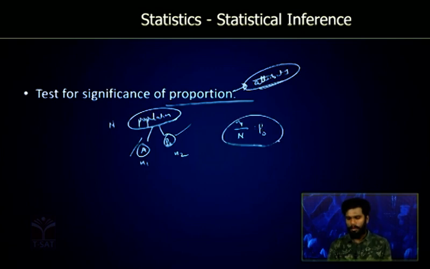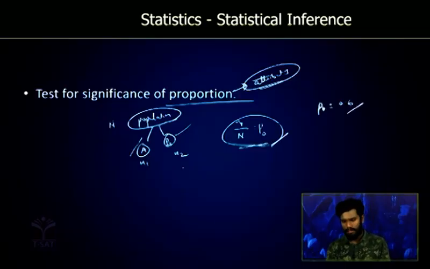Now we have to test the significance of this proportion. So let us consider there is a statement given that p is equal to some 0.6. The statement is given about the population. Now we have to check whether there is any significance between the given proportion and the calculated proportion.